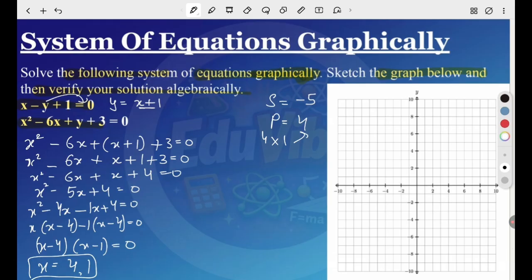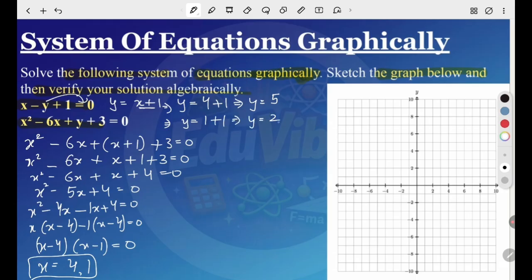And if we want a y value, we plug it over there, y is equal to x plus 1. If we put 4 plus 1, we get the y value of 5. If we put 1 plus 1, we get the value of 2. So we get two values for x and two values for y.